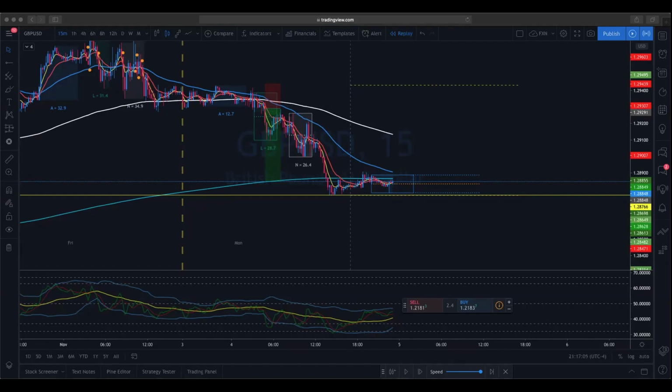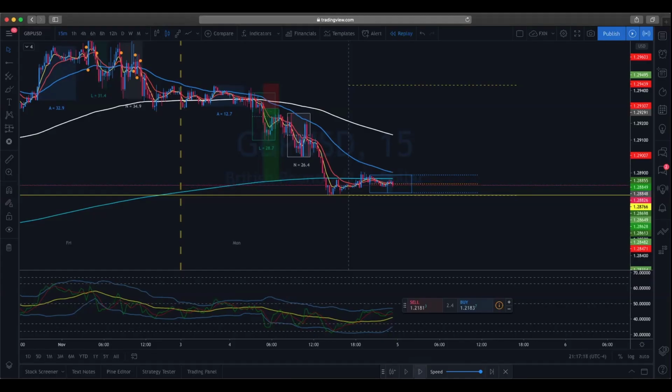Definitely short. You want to look for shorts over everything, because you have pretty much all of the EMAs above you. So you definitely would be looking for a short.